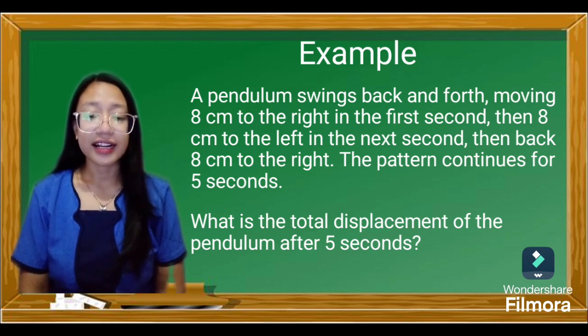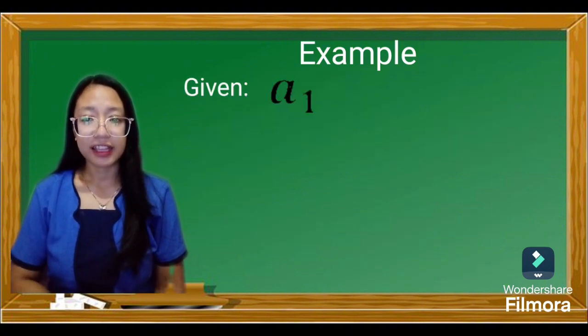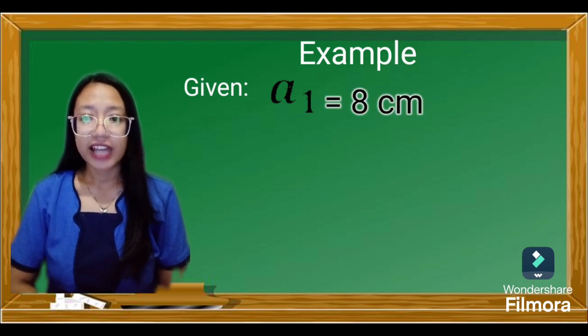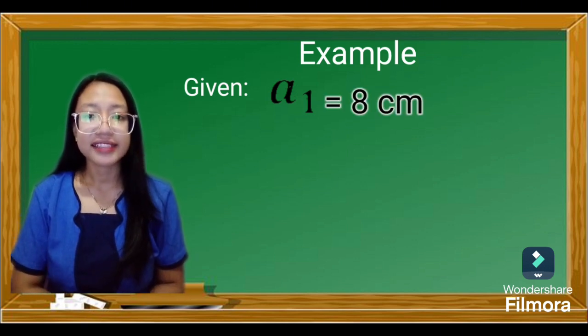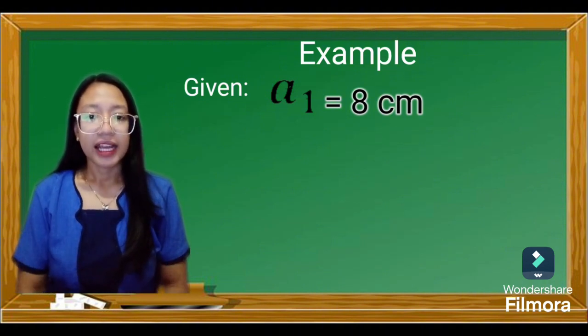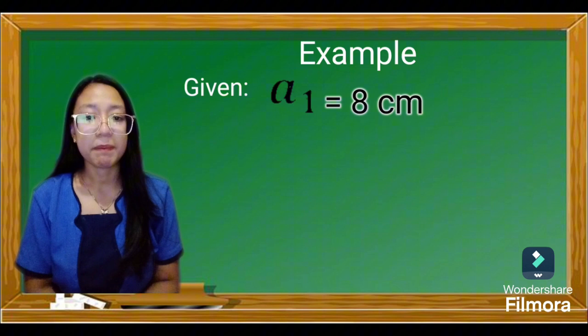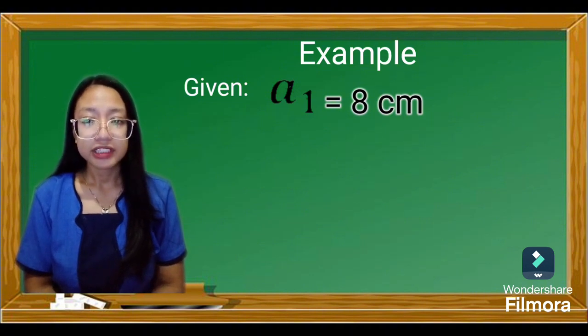So, una ulit, ang gagawin natin ay hahanapin natin yung mga given. So, dito, ang first term natin ay yung 8 cm since sabi doon ay nag-move siya ng 8 cm to the right in the first second. And then, our second term is 8 cm naman to the left. Pabalik na naman siya.